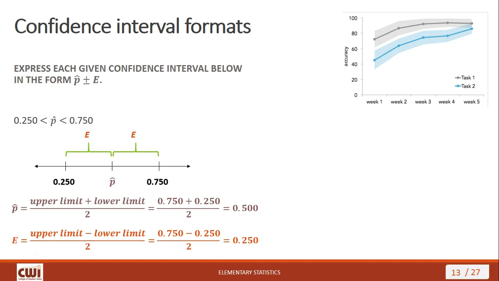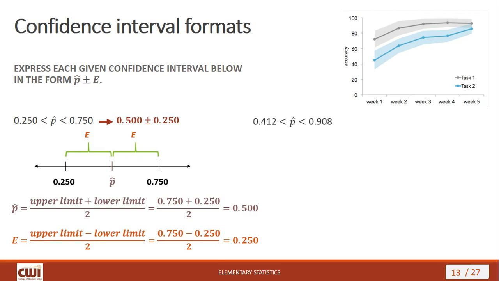So if we simply take the range from our limits and divide it in half, that gives us the value for e, in this case 0.25. So then we can rewrite our confidence interval as 0.500 plus or minus 0.250, again using the convention of 3 decimal places for each of the values in our confidence interval.